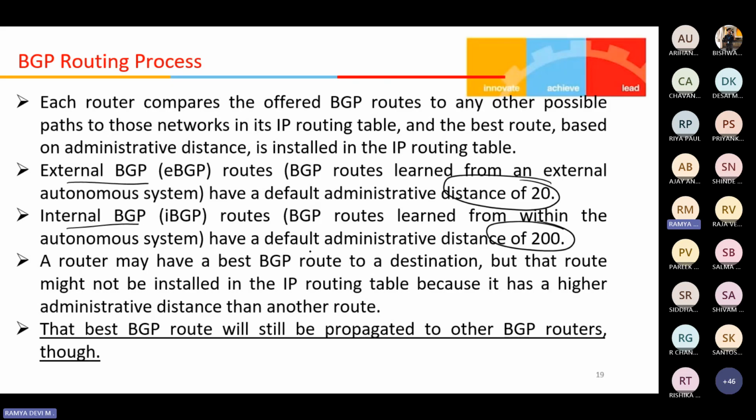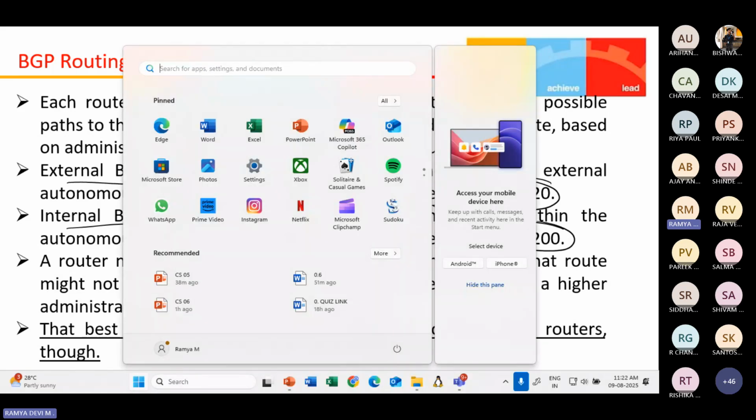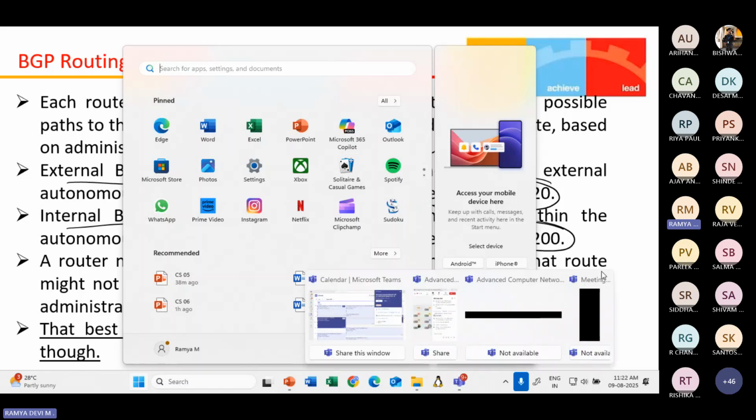Even if there is a best route, it will not be installed in the IP routing table, because it is based upon the administrative distance, whichever is the lowest. So if the external BGP has the lowest, then it will be updated. If the internal BGP administrative distance is lower, the external BGP information will not be added to the IP routing table. That is very, very important that you have to remember. Fine. Any doubts as of now?